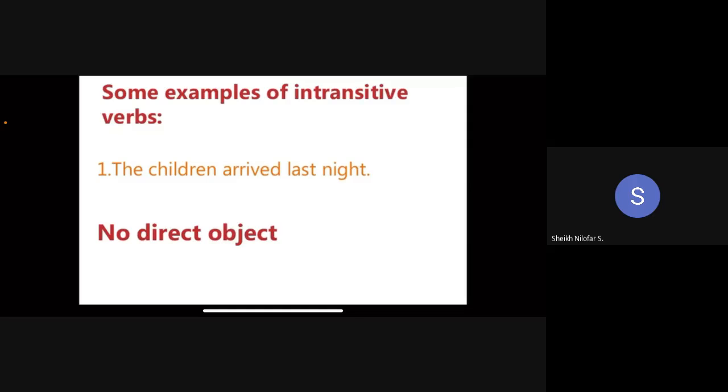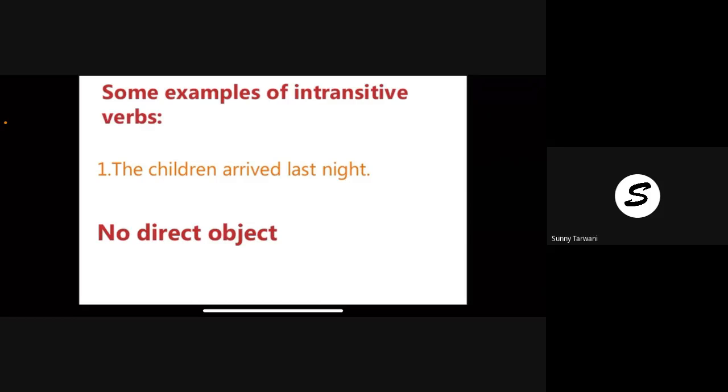Do you get the answer? I said only two questions you have to ask. What or whom? Do you get an answer for what or whom? The children arrived what?